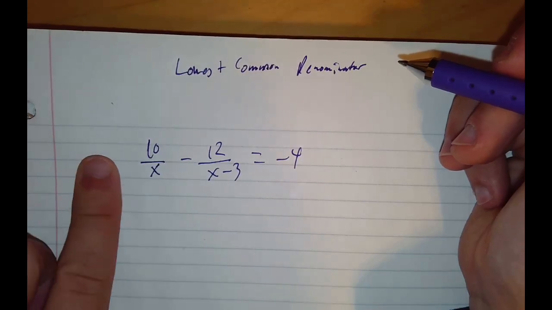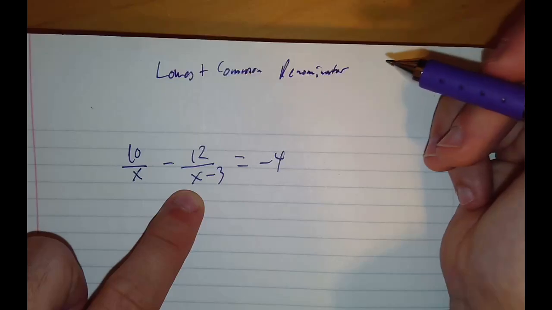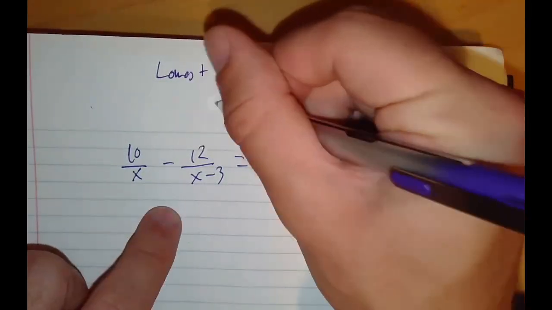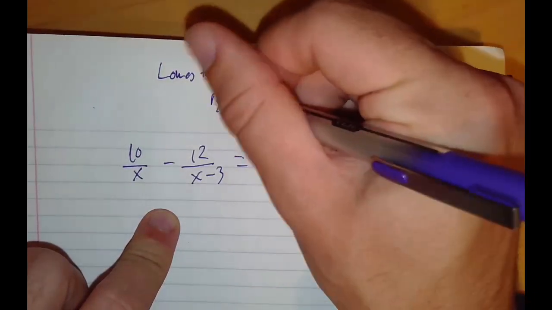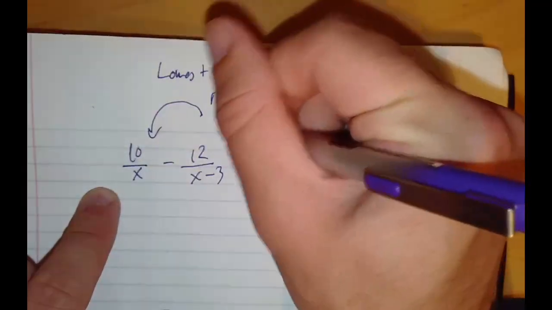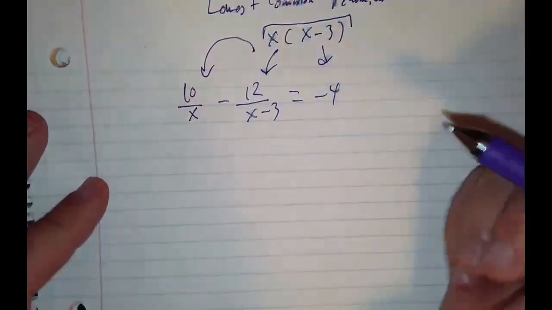So if you multiply by x, you could cancel this, but you couldn't cancel the x minus 3. So the lowest common denominator here is actually just these two multiplied together. It's x times x minus 3. That's the lowest common denominator. So we're going to take that and multiply it here, here, and here. I'm going to write it out so you can see what that looks like.